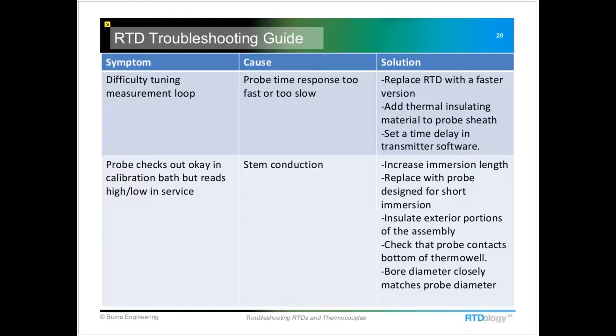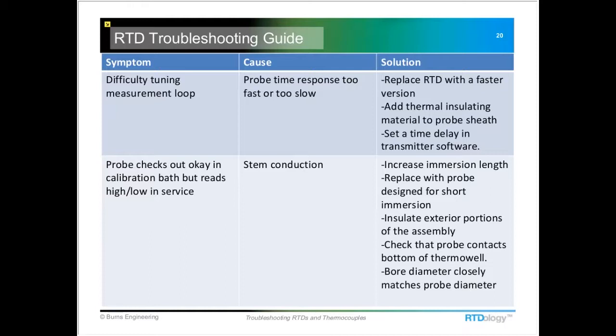Okay, so a couple other things to look at here. Occasionally you'll have a situation where a heater in a process is cycling up and down, and the temperature in the process is going up and down, and it just never really gets stabilized. This is pretty typical of the probe not responding to the temperature fast enough, or in some cases it's responding too fast.